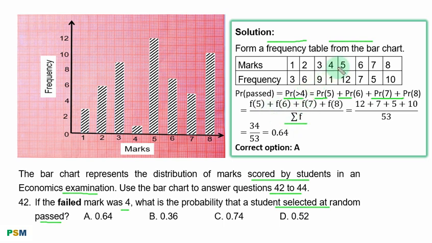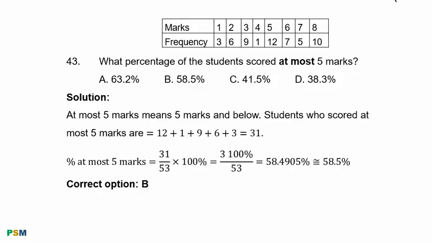Those that scored 5, they are 12, plus those that scored 6, 7, 7, 5, 8, 10, over total frequency, that is 53. You have 34 over 53, which is equal to 0.64. The correct option is A.